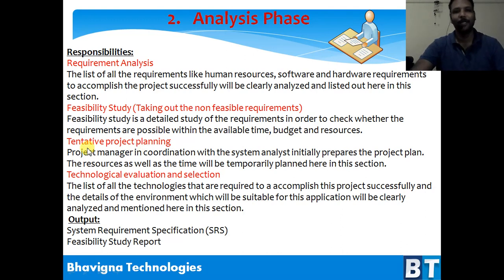Okay, tentative project planning. Here that's what is important, because when we get what are the things that we are going to develop, what are the things we are going to reuse, and what are the things we are going to give to the third party, if you know those things, then only you can initiate the planning.